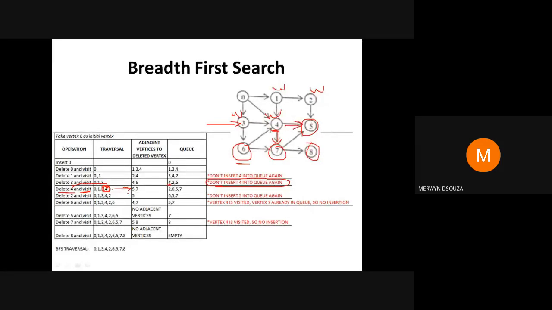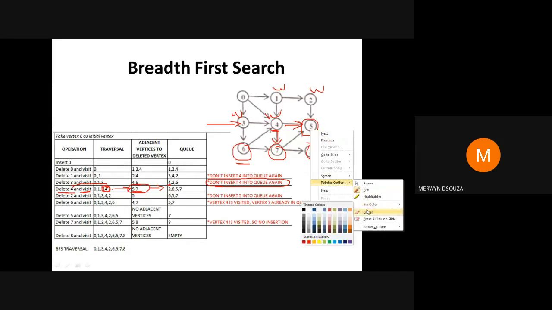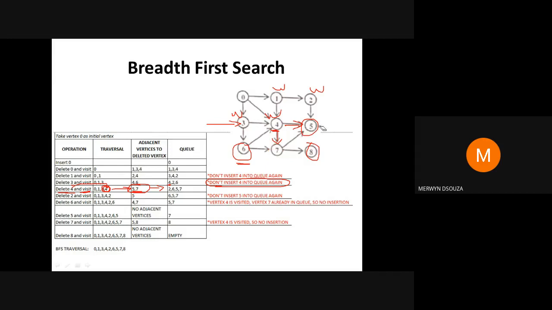So write them here. You can insert these vertices in the queue only if they are in the initial state. Are they in the initial state? Yes, both of them are in the initial state. Change their state to waiting. So you change the state of this vertex.